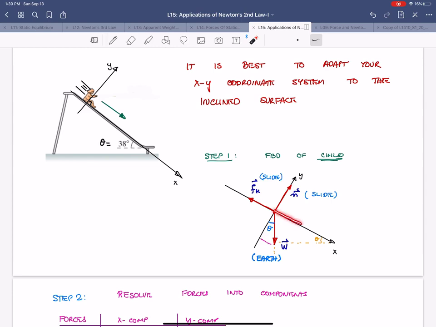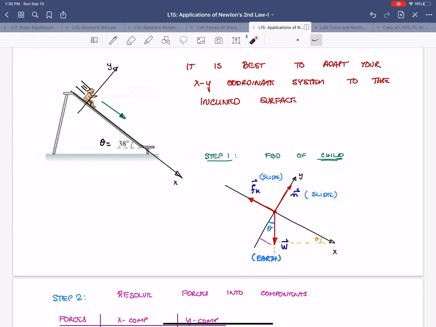Since the incline is along the x-axis, the normal force is going to be along the y-axis. And since the child is sliding down this way, there is the force of kinetic friction, acting in exactly the opposite direction. So these are the three forces, and I've also included the body that's responsible for each of these forces.